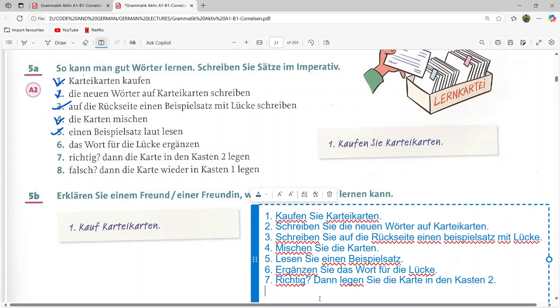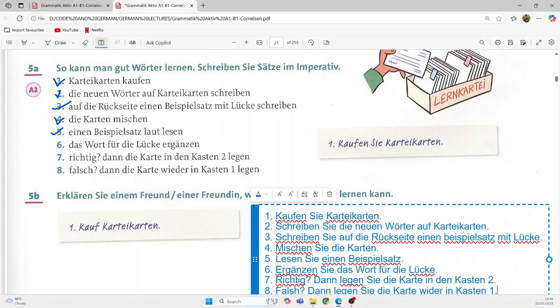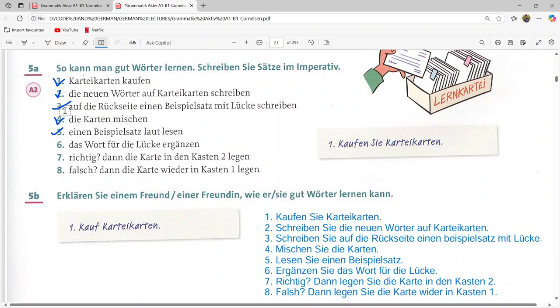Next one. If you are false, then what should we do? Falsch. Dann legen Sie die Karte wieder in Kasten 1. Okay, so all the sentences are done.